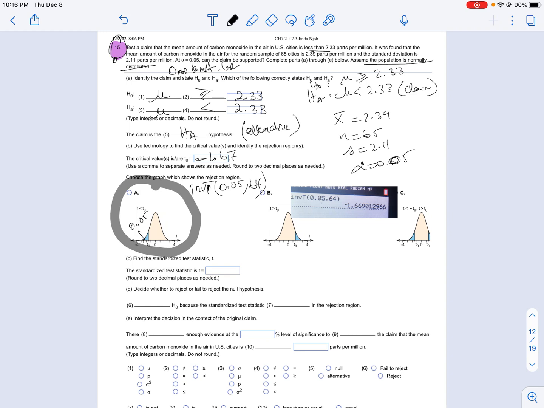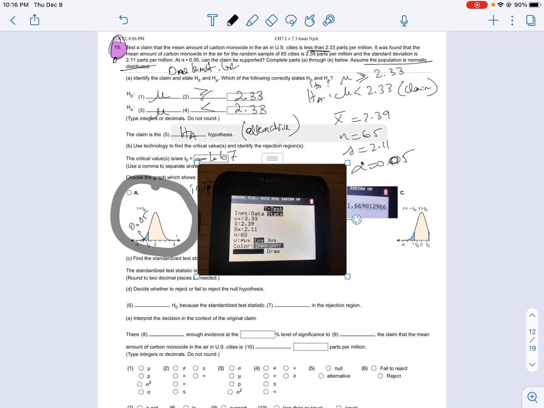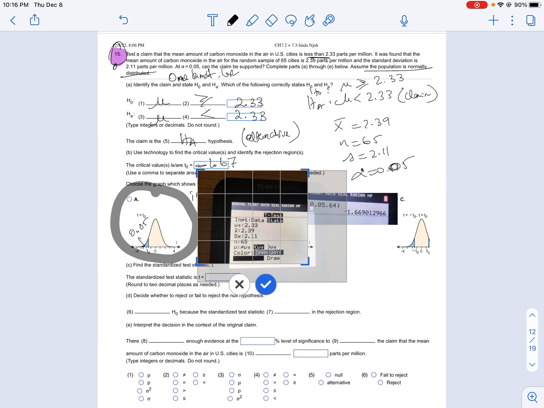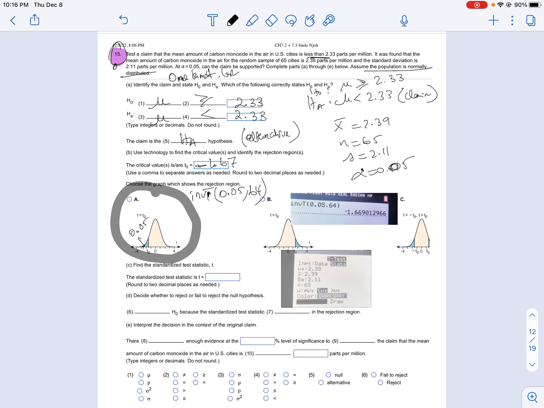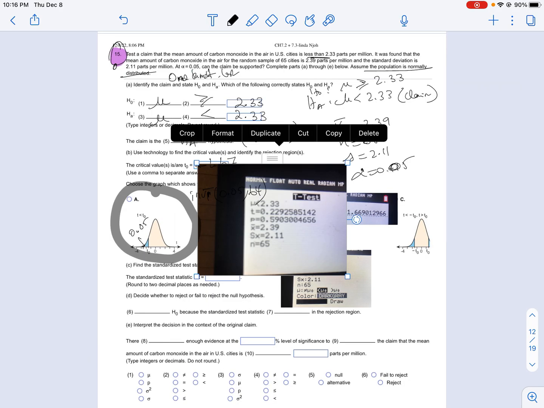I'll show you my setup. Press enter to get the results. All right, here's our results. The t-test.